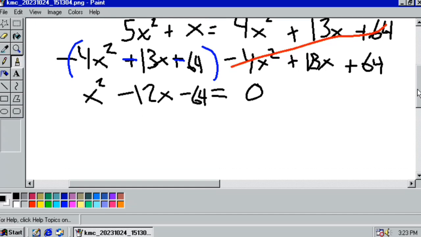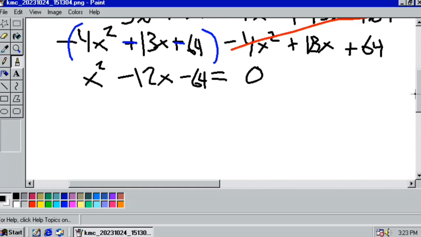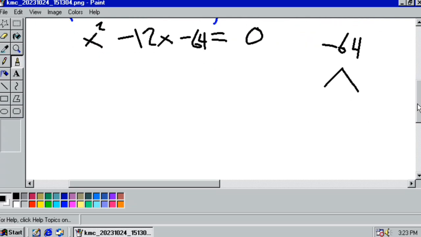As you can see, this is a quadratic equation. Right? So, let's find the factors of negative 64 that have a sum of negative 12. We can do trial and error, but in this case, I already have the answer.